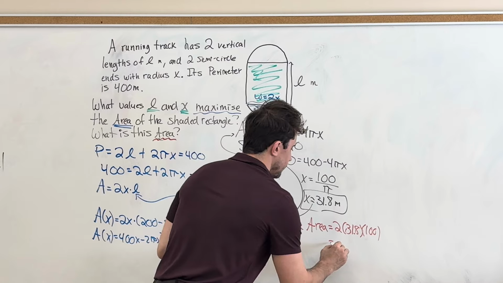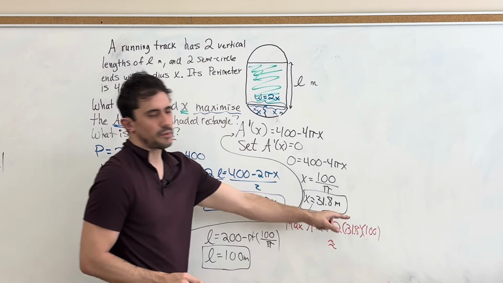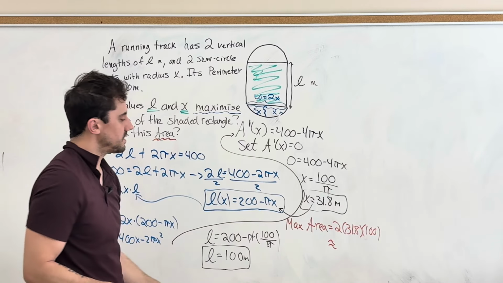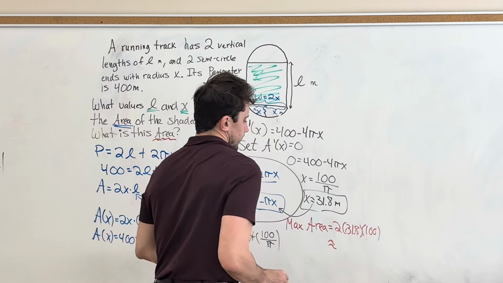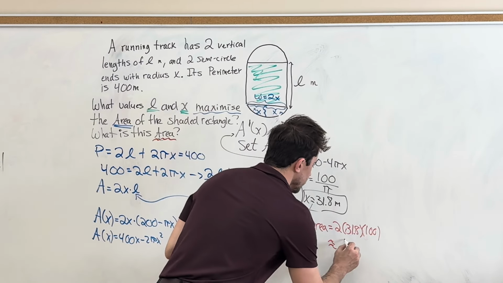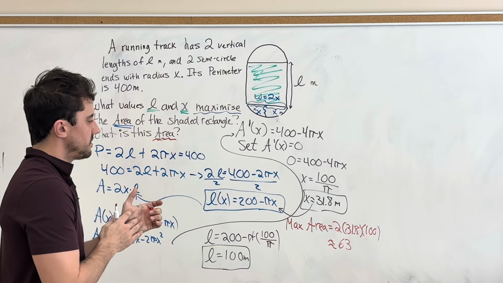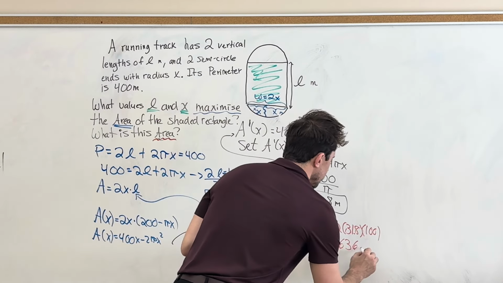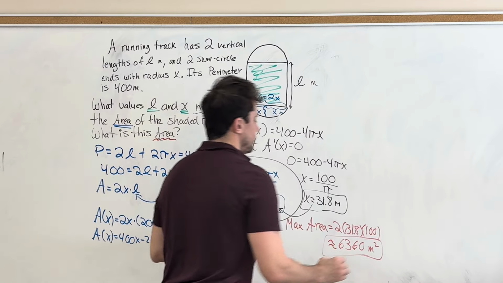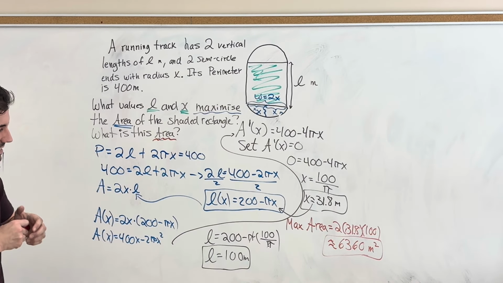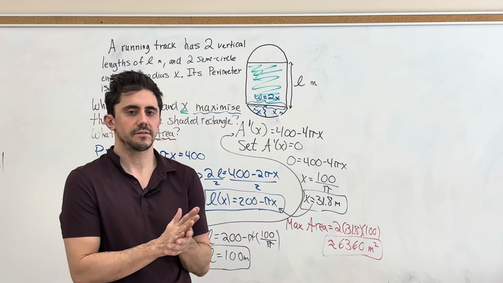And so that maximum area leaves an approximation sign, right? 31.8, that was an estimation to 1 decimal place. So the maximum area is roughly, what is that? 63.6 times 100, 6,360 roughly square meters. And that is a rough estimation to 3 sig figs of our maximum area for this running track.